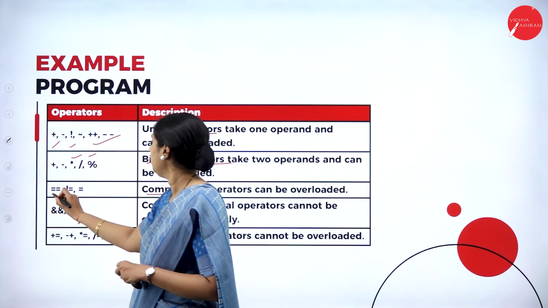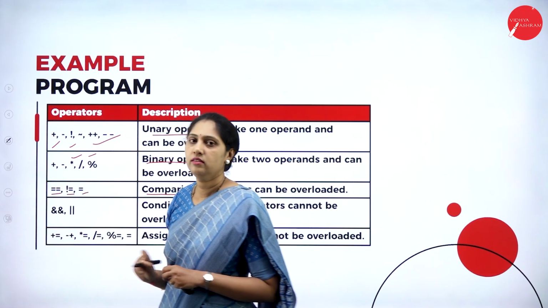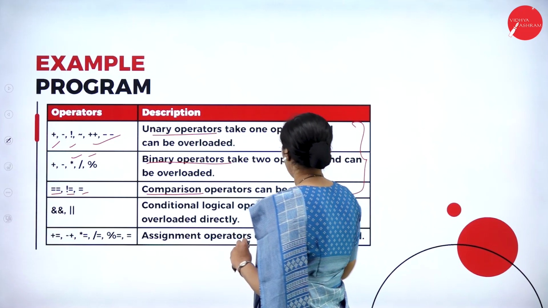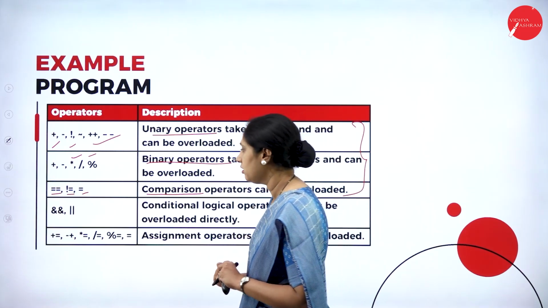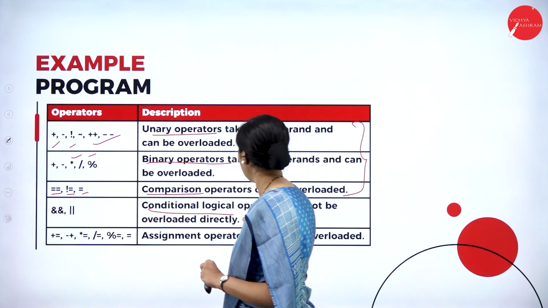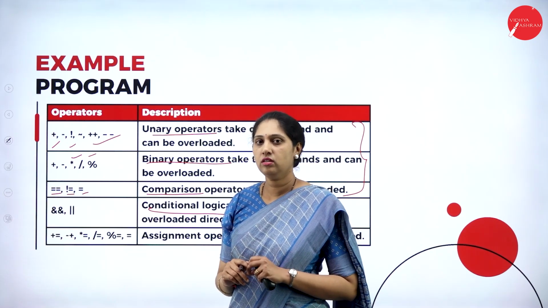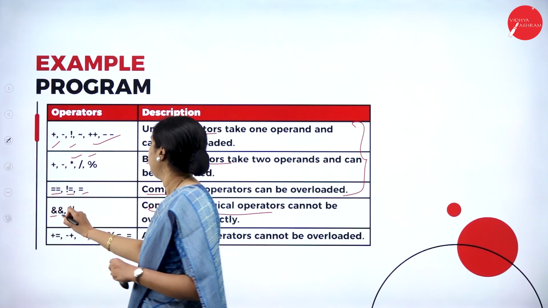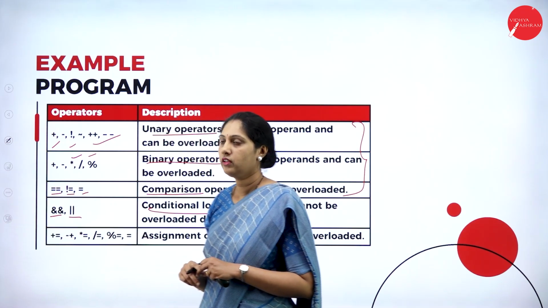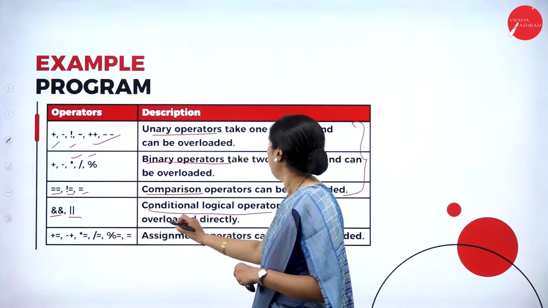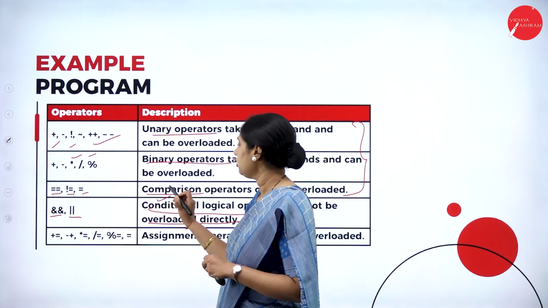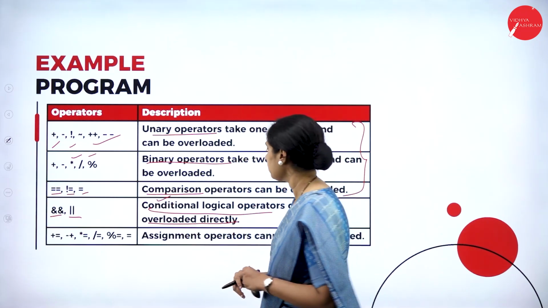These are equal, not equal and so on. These can be overloaded. But what about conditional logical operators? We usually check in our if statements, like ampersand or or. So we cannot overload the conditional operators directly.